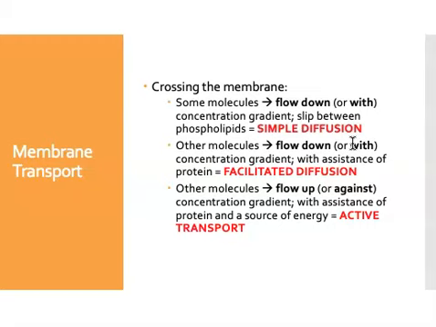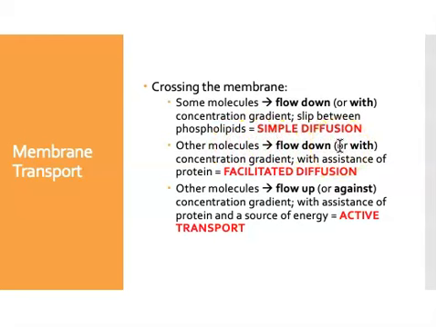Now, there are other molecules that are not able to cross a membrane using simple diffusion. There's something about their chemistry, and we'll talk about that something in just a minute, that makes it difficult for them to pass between the phospholipid molecules in the membrane. They are still going to flow down the concentration gradient.